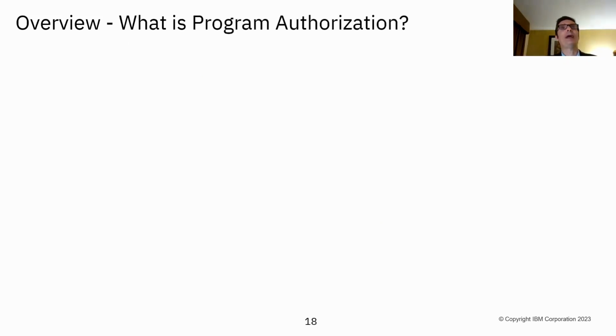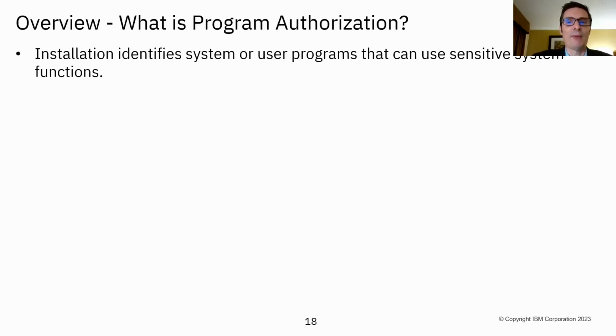Now, I keep mentioning you need to have program authorization and security authorization, so I want to talk a little about the distinctions and why we need both of these in zOS. Let's first talk about program authorization. In zOS, the installation identifies systems or user programs that can use sensitive system functions.